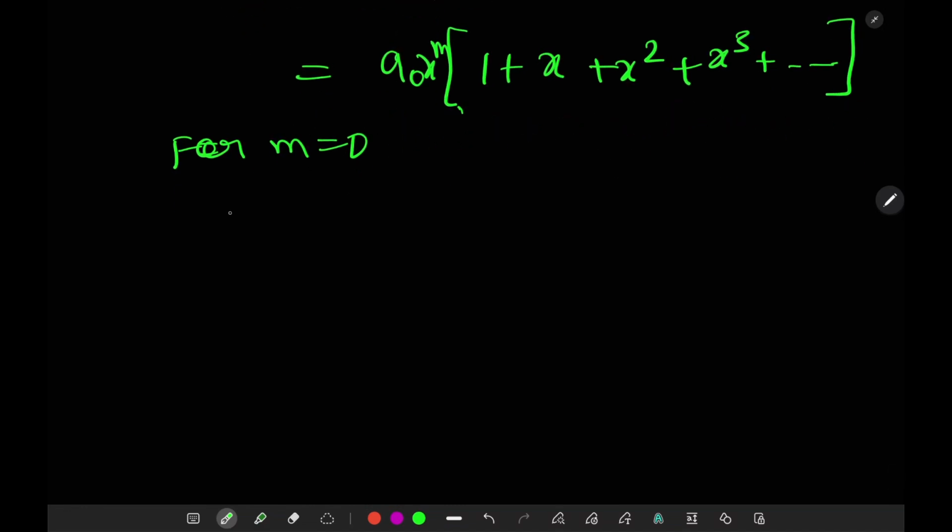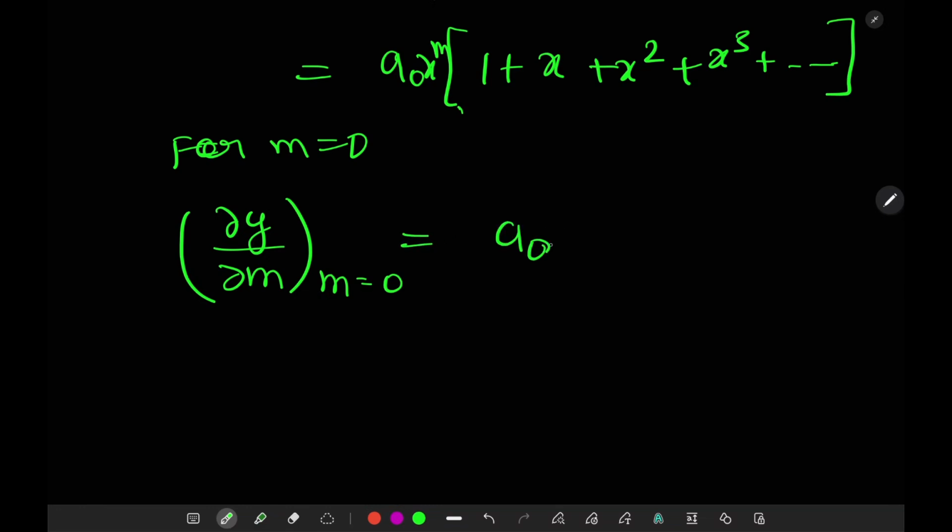Sorry, for m equal to 0 we need to find del y over del m. At m equal to 0 we get a naught x raised to power m ln x plus x square up to so on.